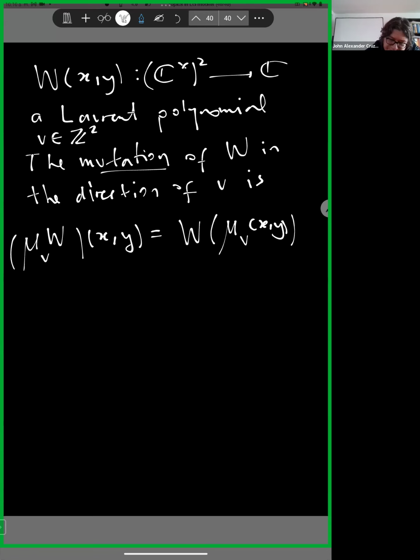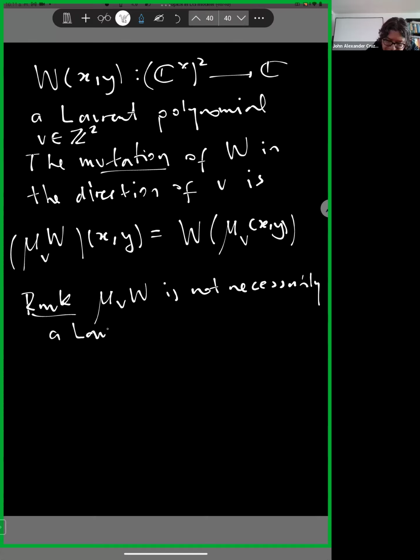There are some important remarks. First, the mutation of W is not necessarily a Laurent polynomial.